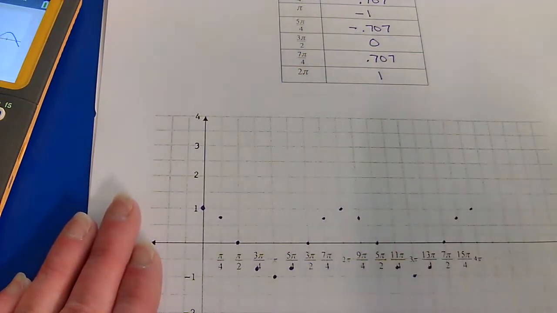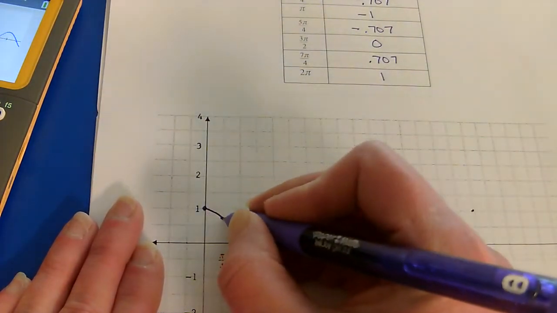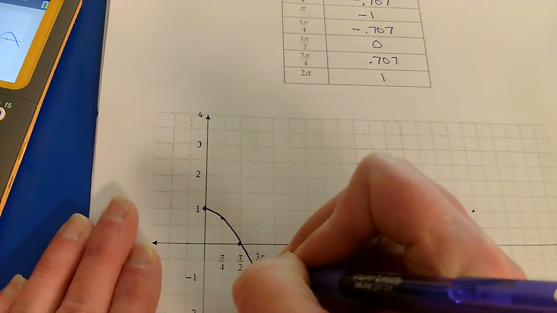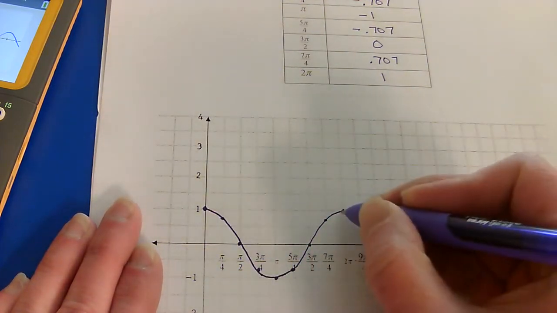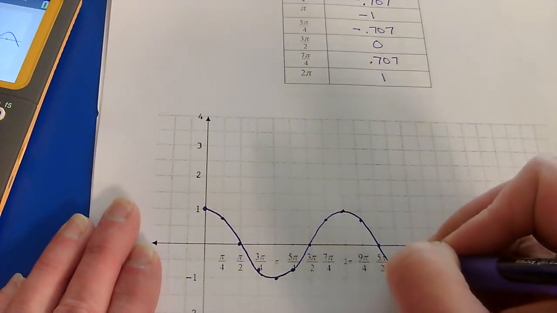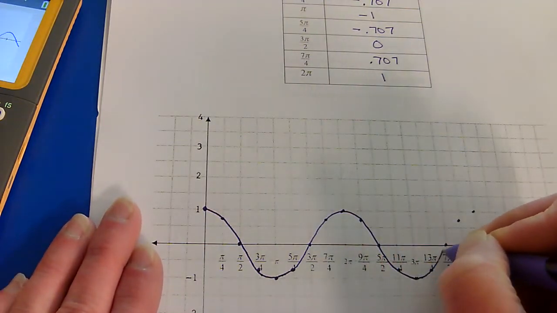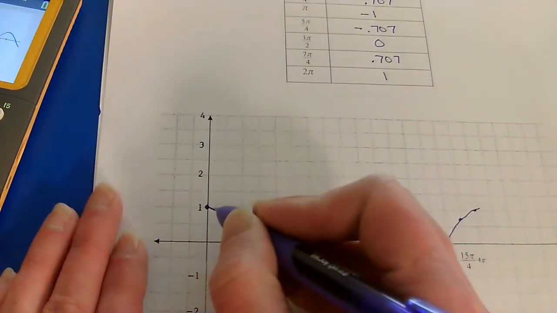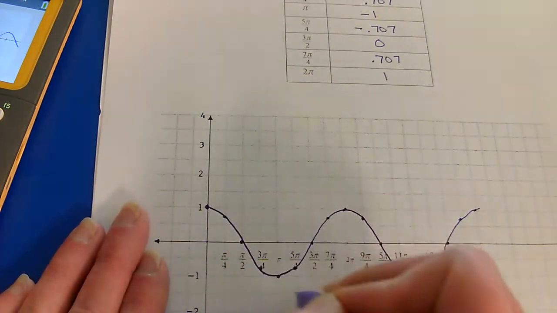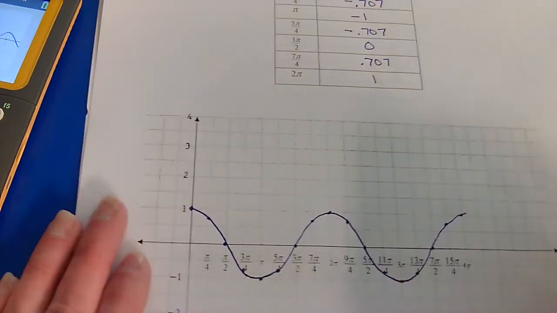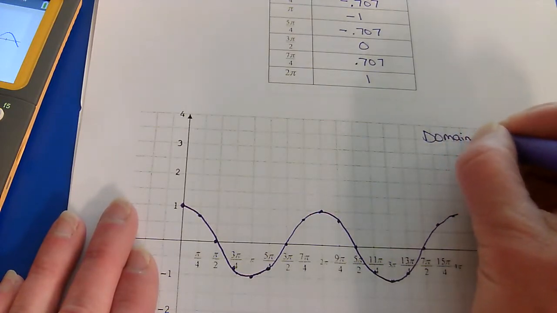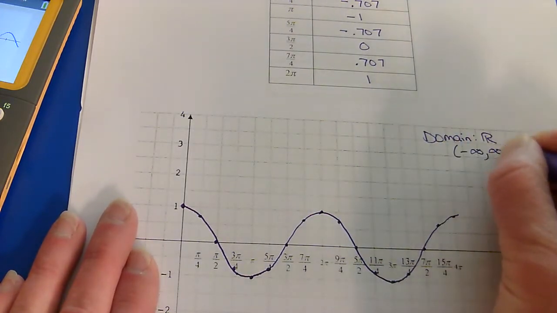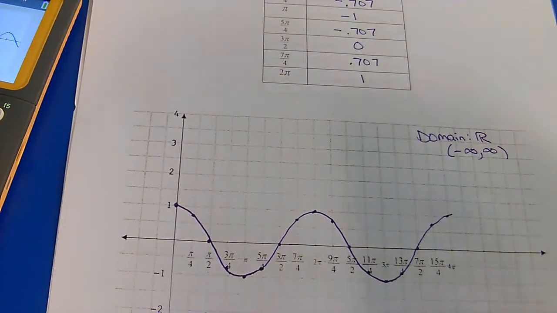So we end up with this very similar to sine. It's a wave, but this time instead of starting at the origin, starting at the middle and then going up from there, it's starting at the top of a hill and it's going down and then up and then down and then up. But the domain is also going to be all real numbers, negative infinity to infinity, just like sine was.